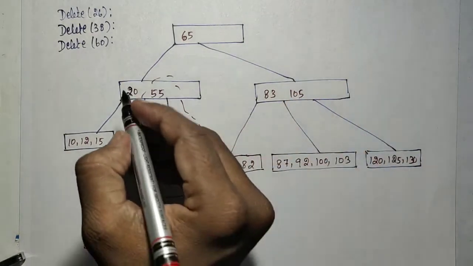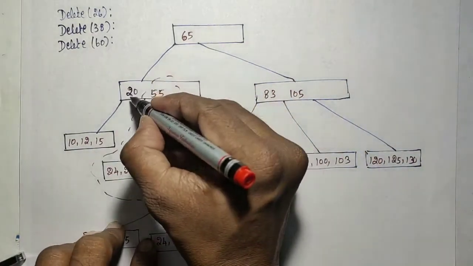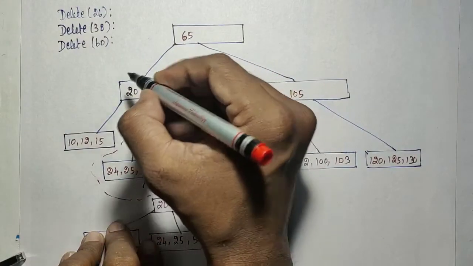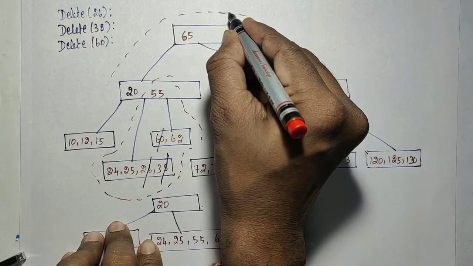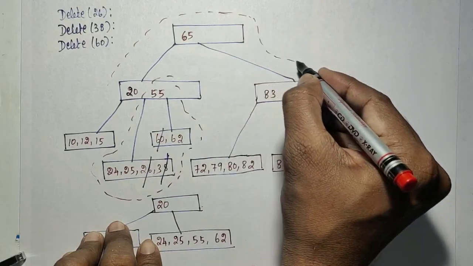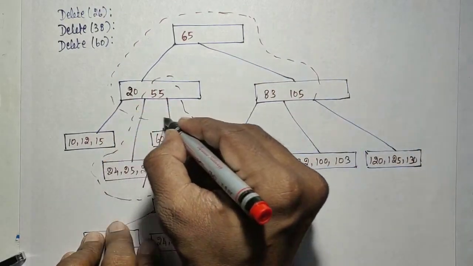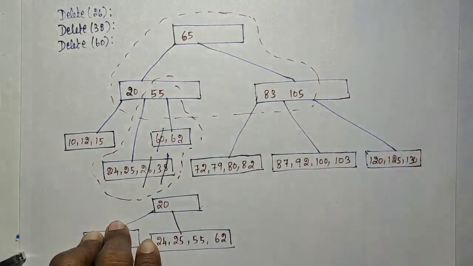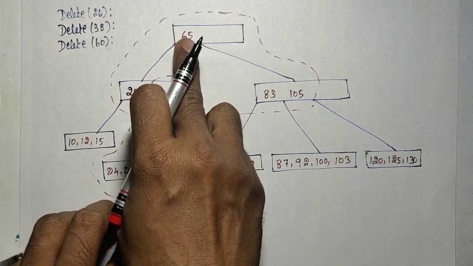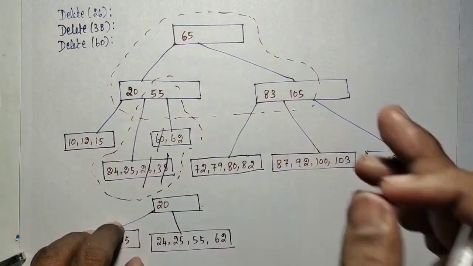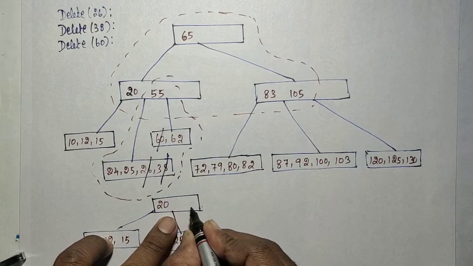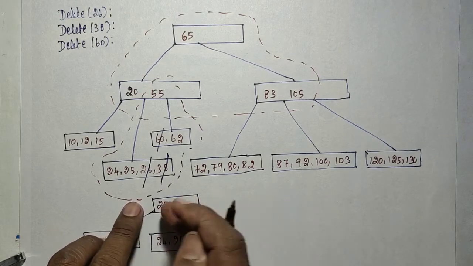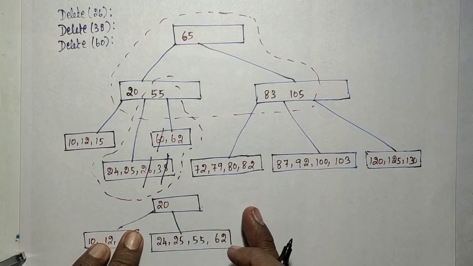merging. Merging means it will be merged like this, that is 20 and its parent, the parent is 65, so it will be merged like this. Okay, so it means that the 65 comes down. So that the 20, 65, 83 and 105, it will become lower like this.